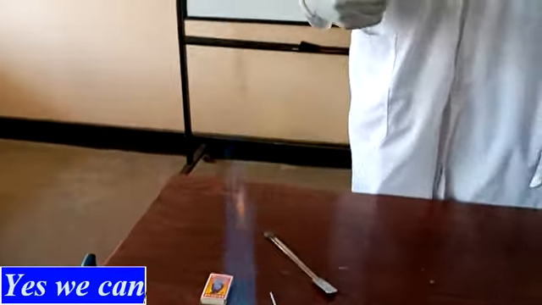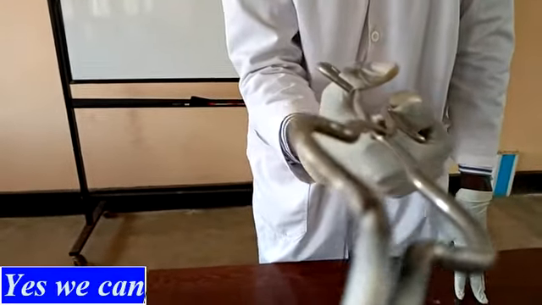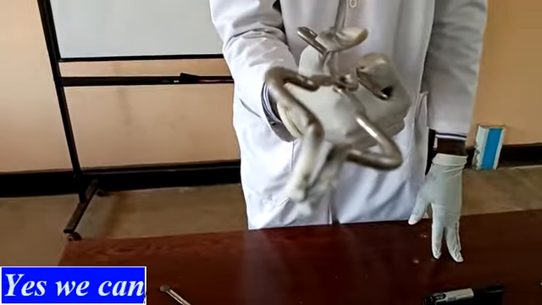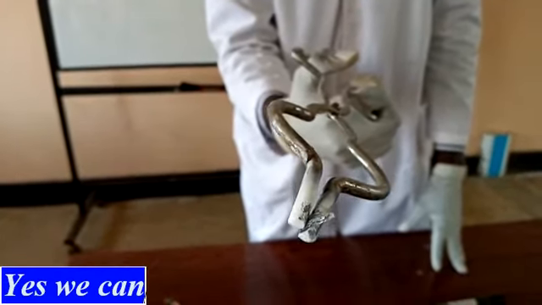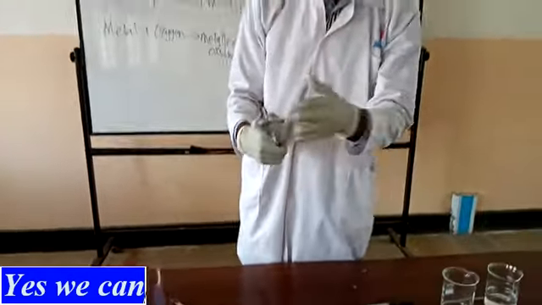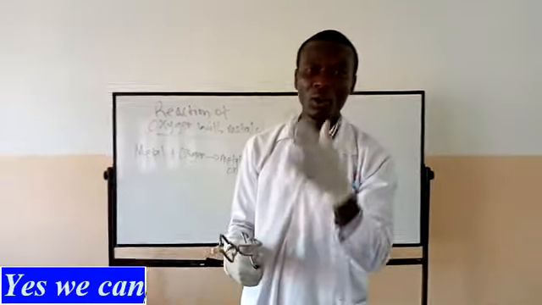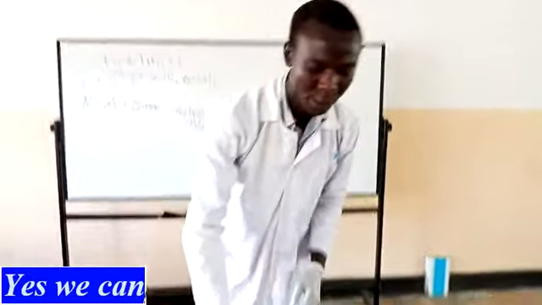Okay, good. So that is calcium, and the product is there. What's the color of the product? Please note down the color of the product. Good. So what is formed there is calcium oxide. And you have seen the color and noted down.